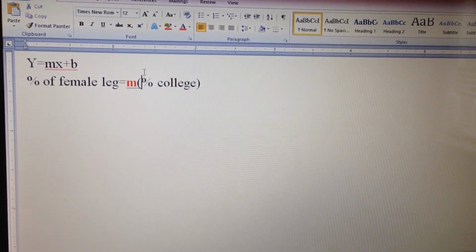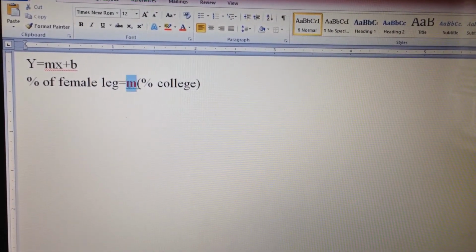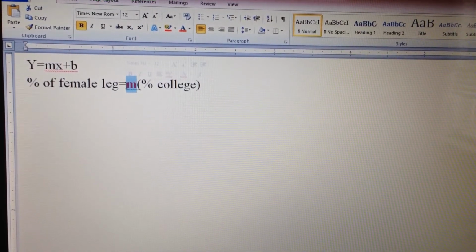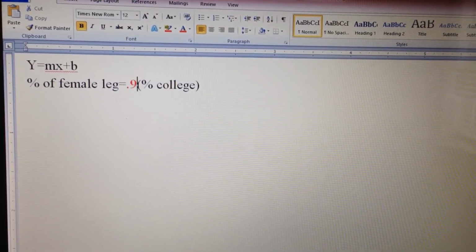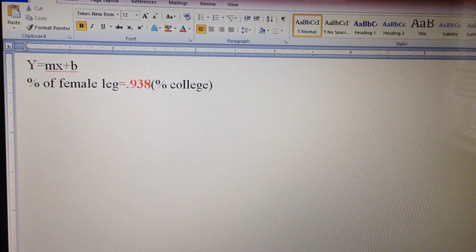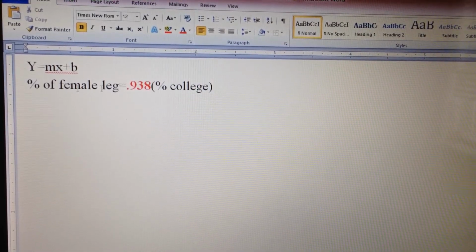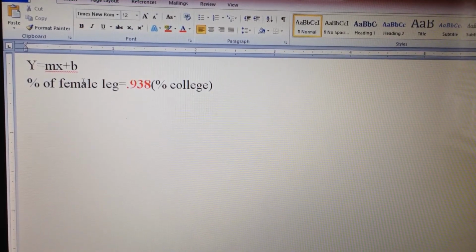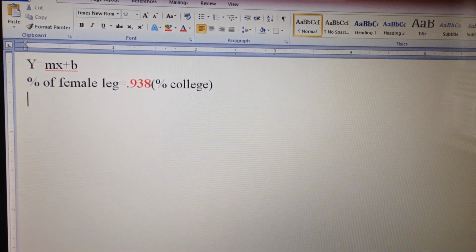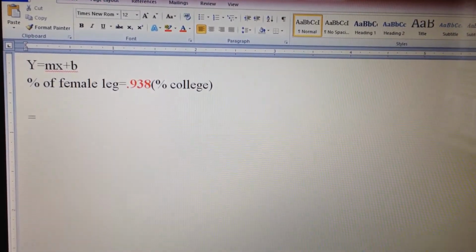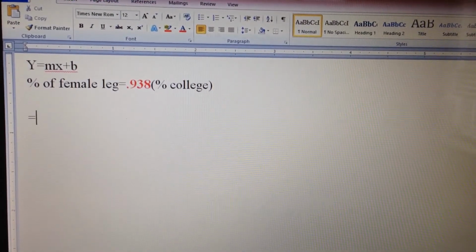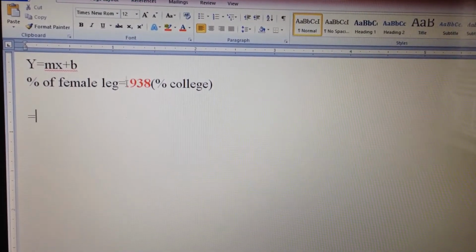We have just figured out that the best M for this equation is 0.938. I'm taking that directly from SPSS. So what we're basically saying is that we take our 0.938.